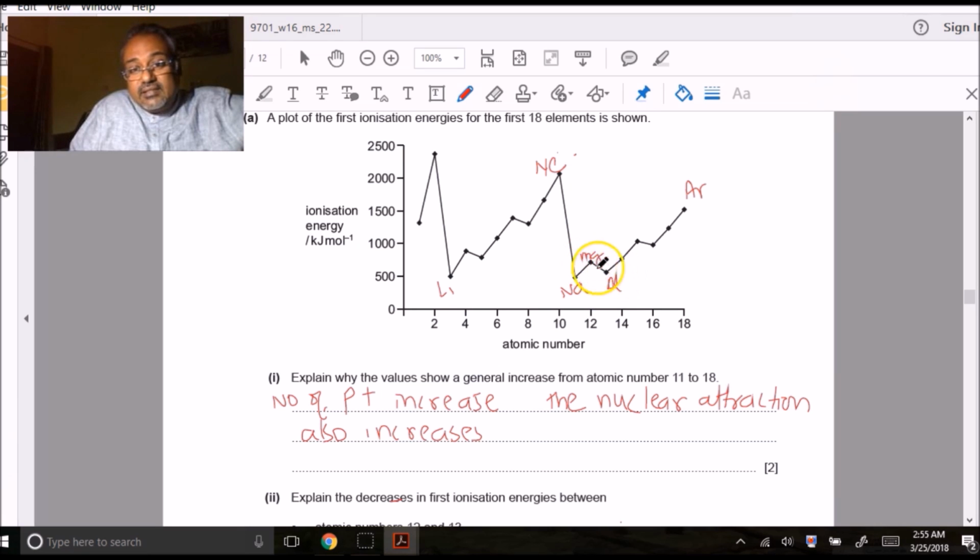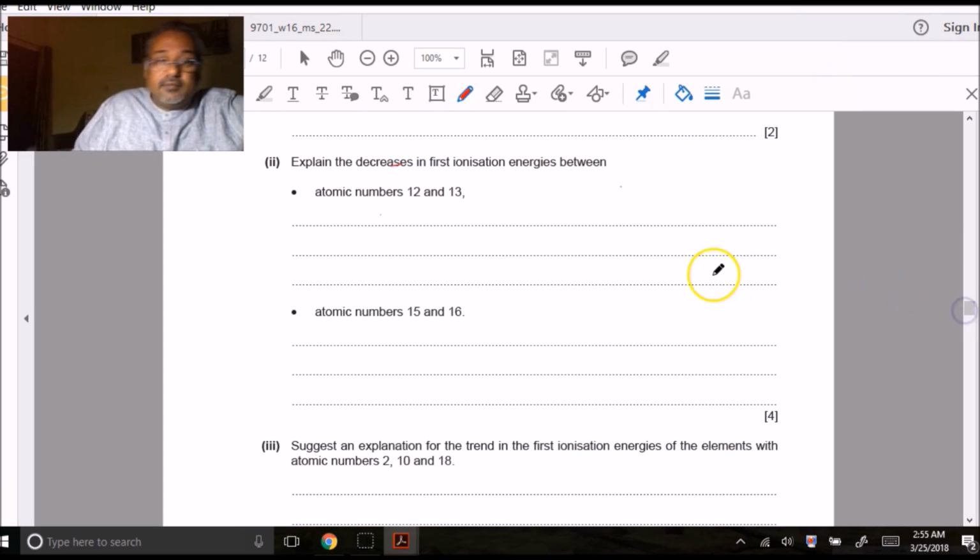So you see there's a decrease in the ionization energy, and we need to understand why that is happening. What we're going to do is write the electron distribution for aluminium, and that comes to be 1s2, 2s2, 2p6, 3s2, and 3p1. So that's the valence electron for aluminium.